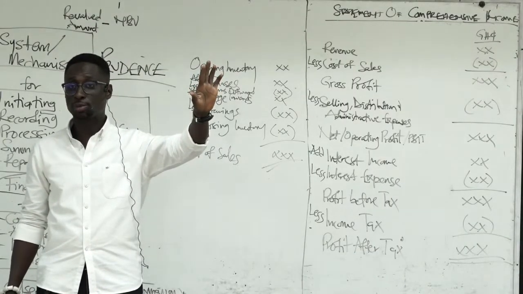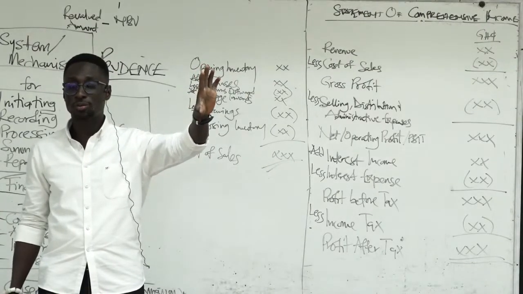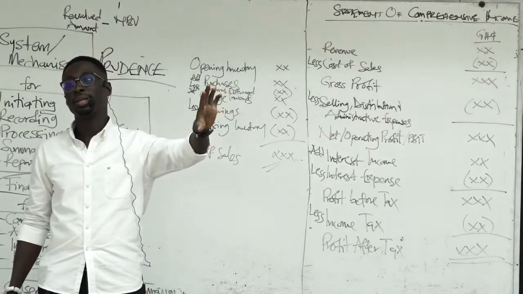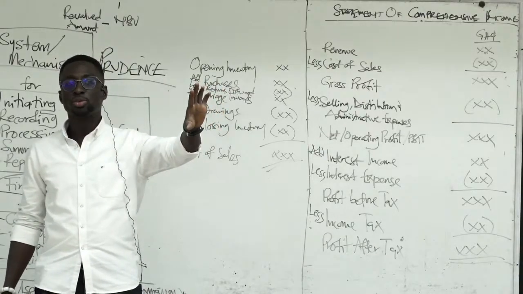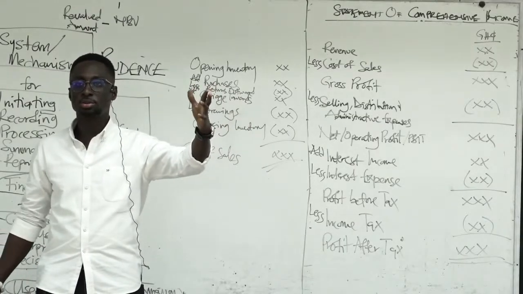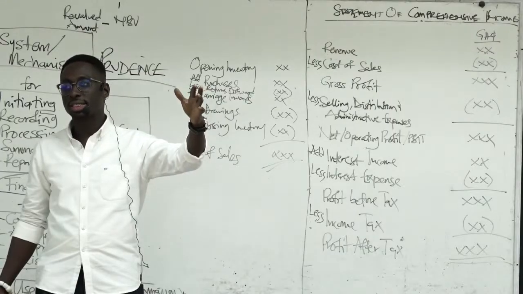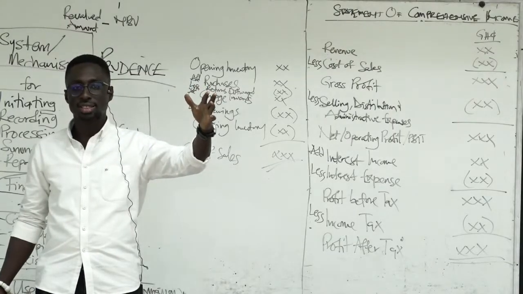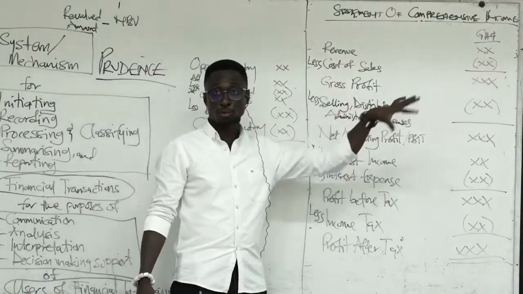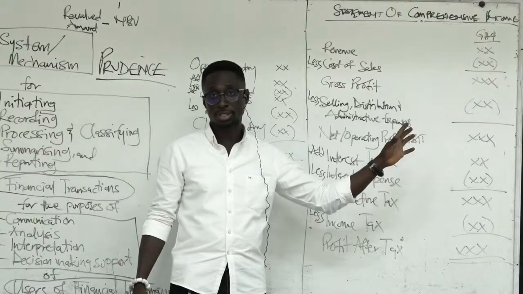Depreciation is in respect of what assets? Fixed assets. What is another name for fixed assets? PPE, property, plant, and equipment. Amortization is in respect of what assets? Intangible assets. Good. So all of those expenses sit under selling, distribution, and administrative expenses.